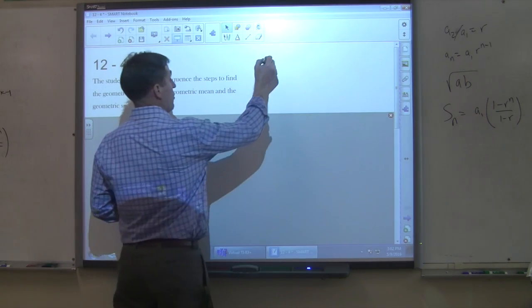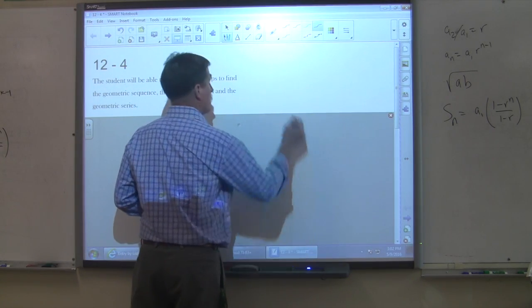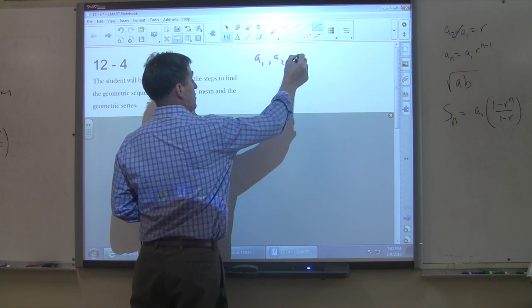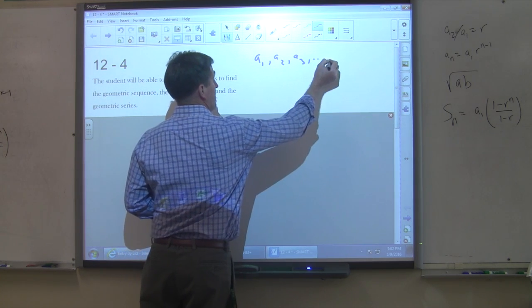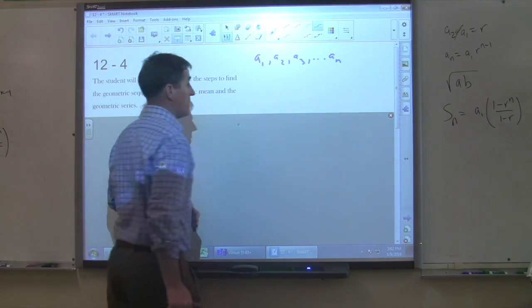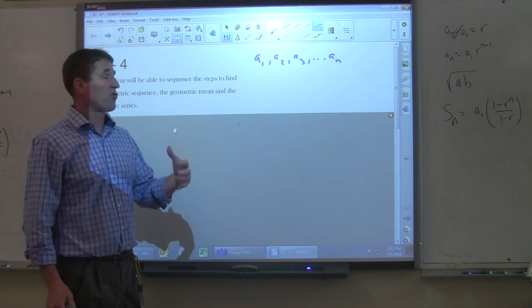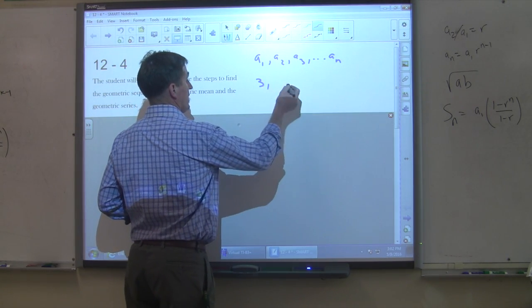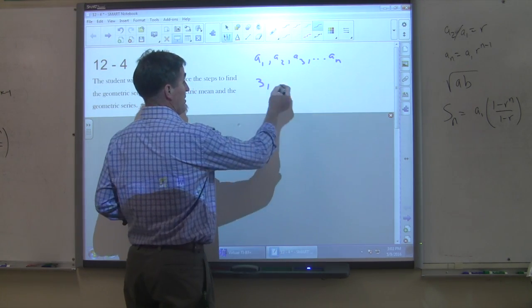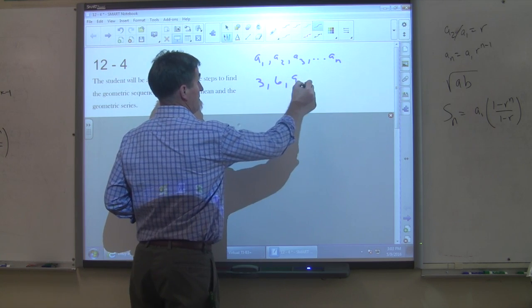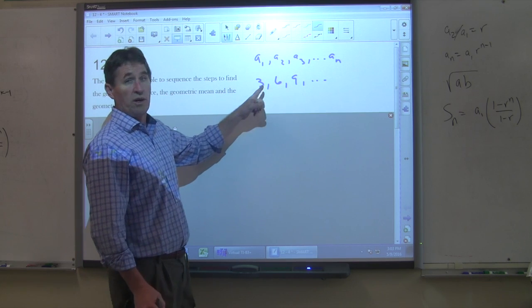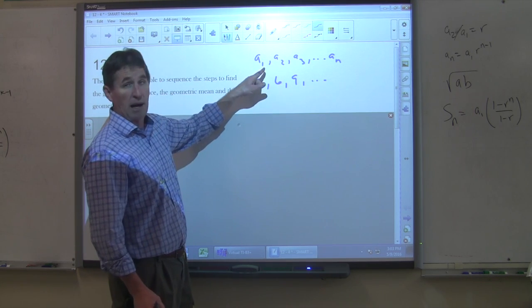So just like before, our sequence, our first term's a sub 1, our second term a sub 2, a sub 3, up to a sub n. The big thing I'm seeing people struggle with, remember when we have numbers here, like with an arithmetic sequence, let's say we're adding 3 every time. Remember, a sub 1 is the value of the number in the first spot.